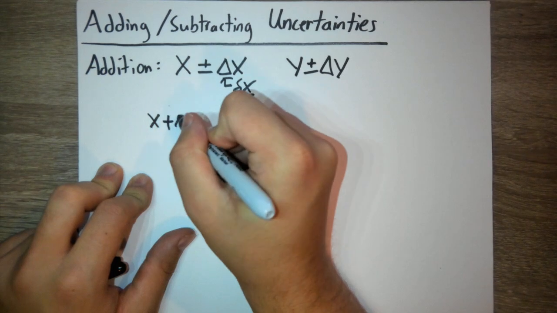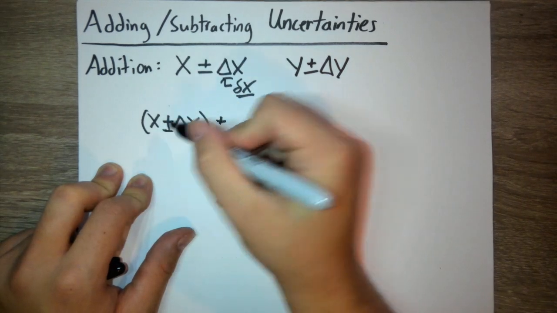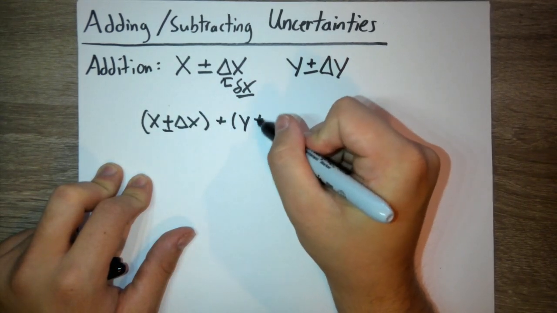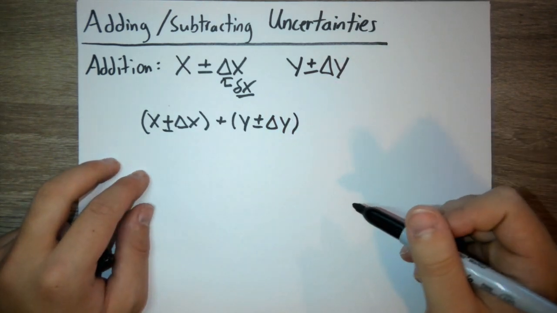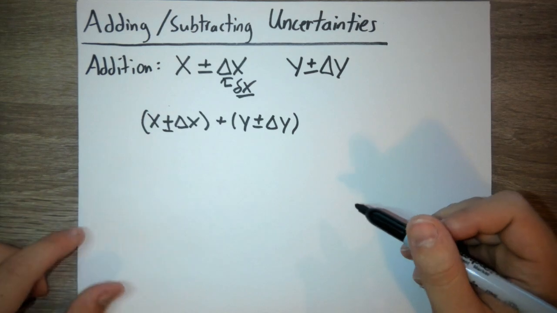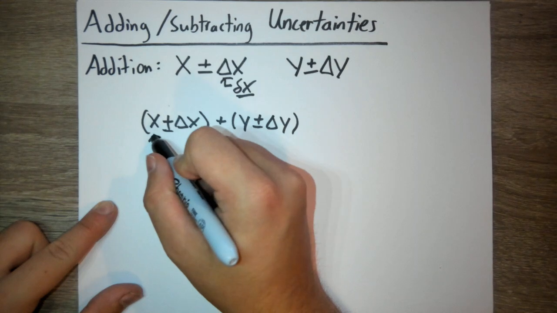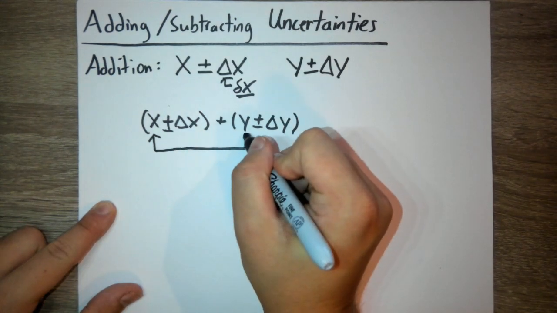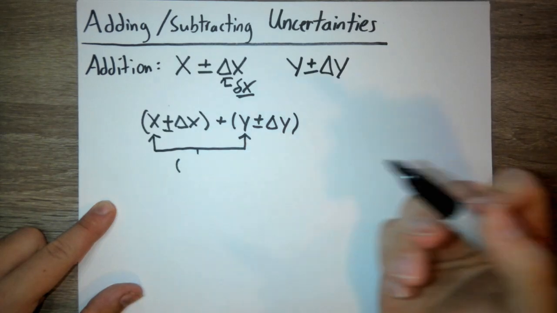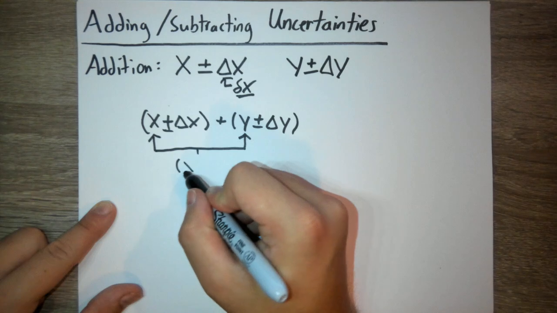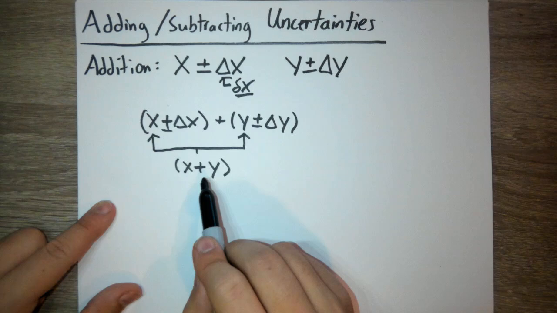What we're trying to get is essentially this plus this. Now, if you followed the video on scientific notation that I put out a while ago, it's quite similar. So we take these two values that we calculated, not taking into account the uncertainties for now, and we add those together. So we have the values added together.